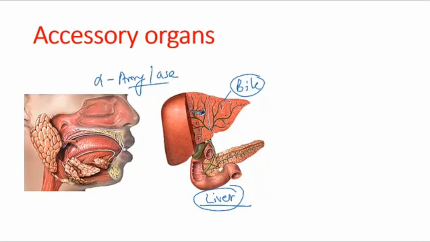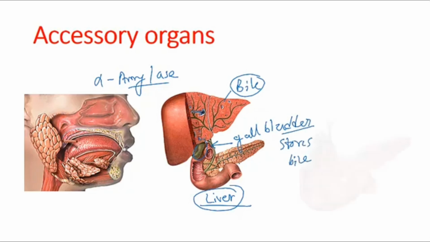Extra bile released by the liver is stored in a small sac near the liver, attached to the region of the duodenum. That small section is known as the gallbladder, which stores this bile.